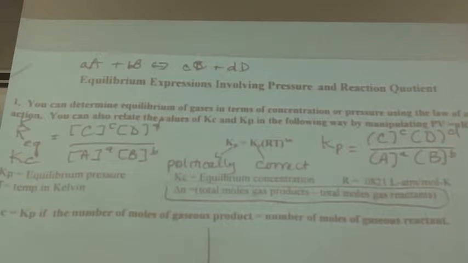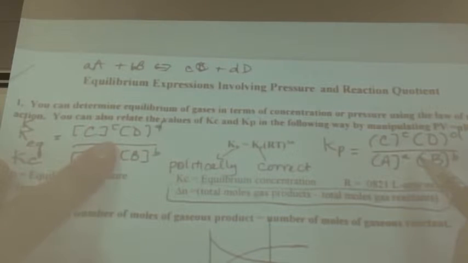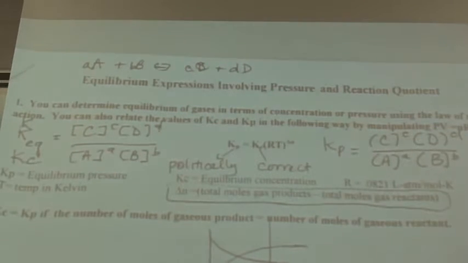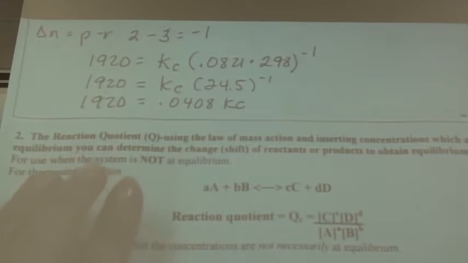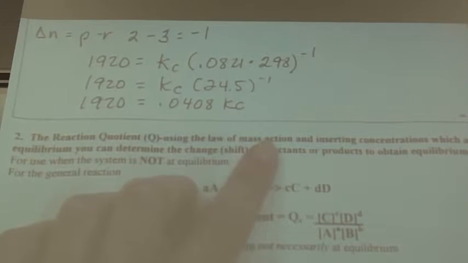So remember this graph from yesterday that looked like this? Here equilibrium was established after this point. These are the only values that can go into these expressions. Okay, now we're going to talk about something called the reaction quotient. The reaction quotient is the same form, the law of mass action.